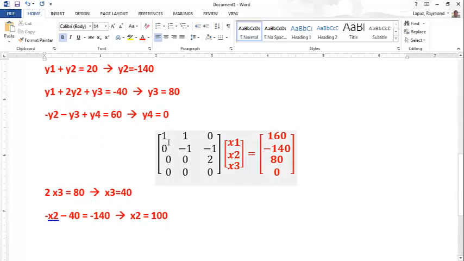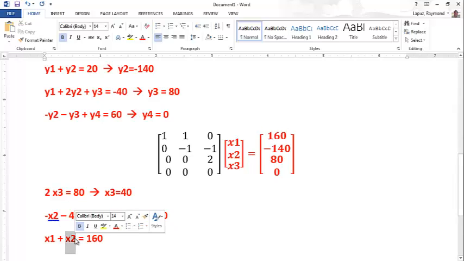And then finally you have x1 times 1 and x2 times 1, and there's no x3s to account for because this is 0. We want this whole thing to equal 160. We know what x2 is. x2 is 100, and so if we subtract that out, we're going to get x1 to equal 60.